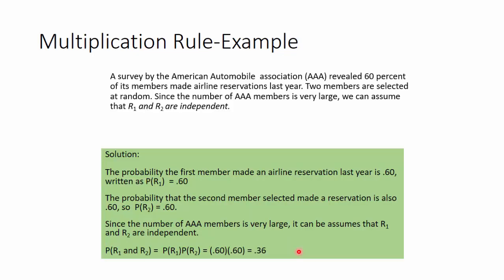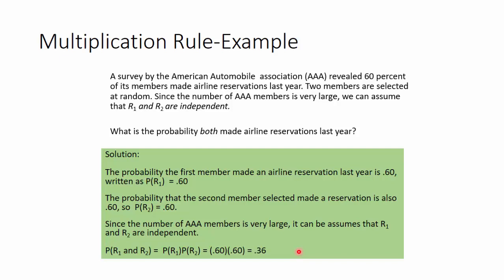A survey of the American Automobile Association revealed that about 60% of its members made a reservation with their airlines. If you randomly select two people and assume them to be two different events, R1 and R2, what's the probability that both made an airline reservation? Now, the reservation done by person 1 does not depend on the reservation done by person 2.